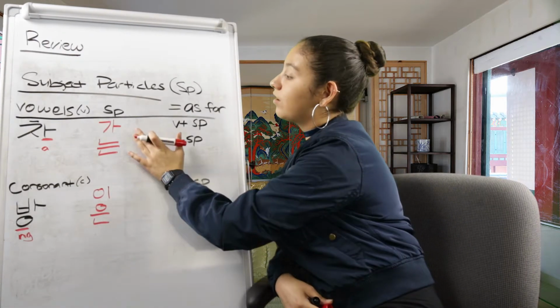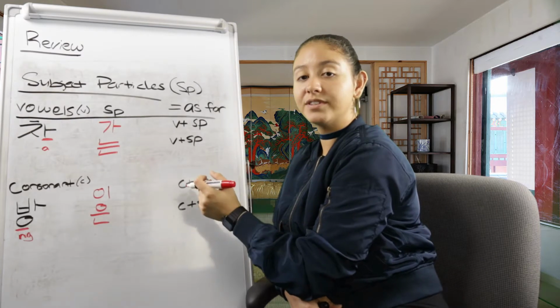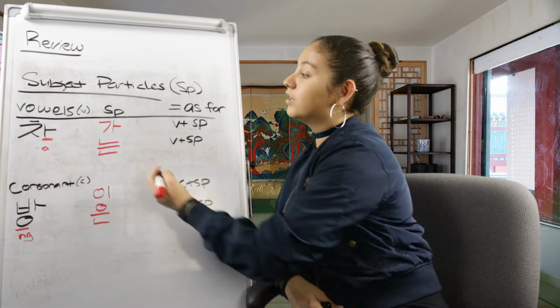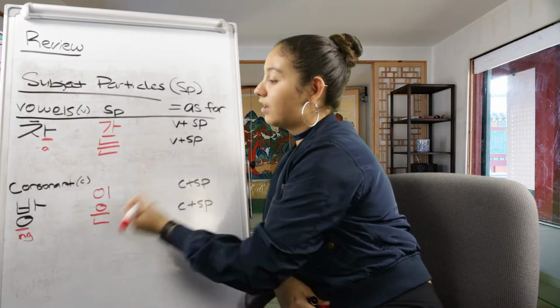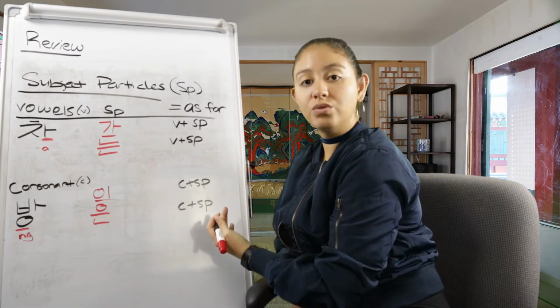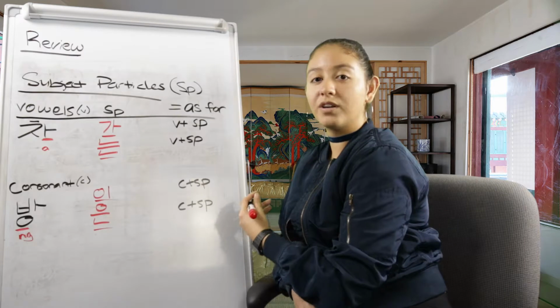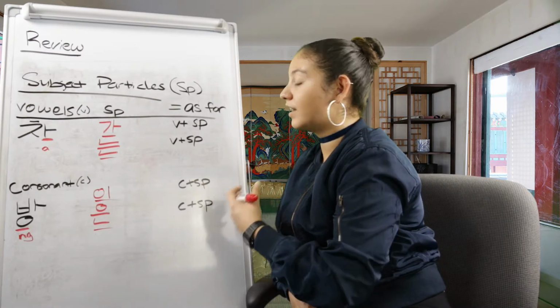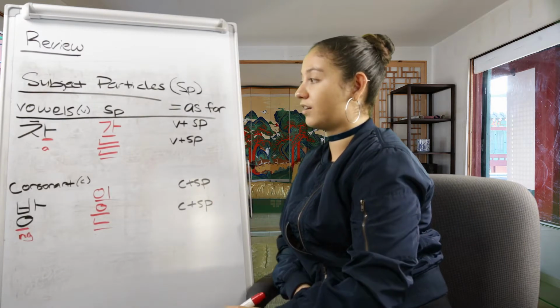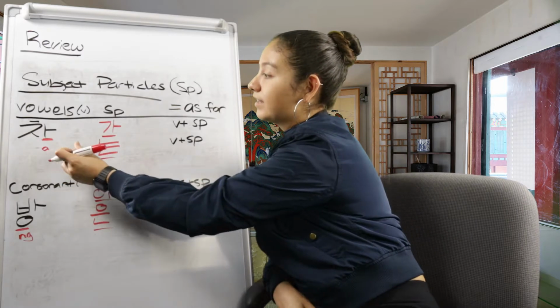Now depending on if you want to put emphasis or keep it neutral, you would either use ka or i if you want it neutral, or you can use nun or un if you want it more emphatic, to put more emphasis into what you are talking about. And then you would just put it together.